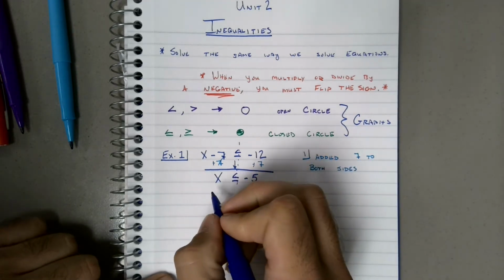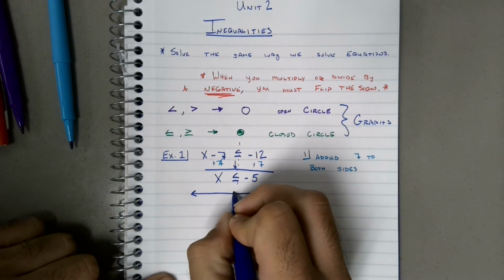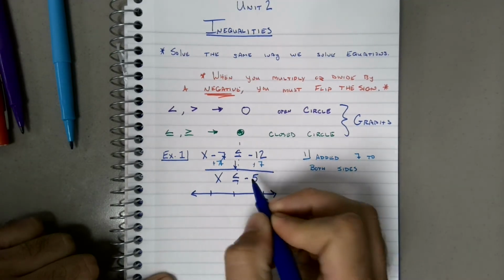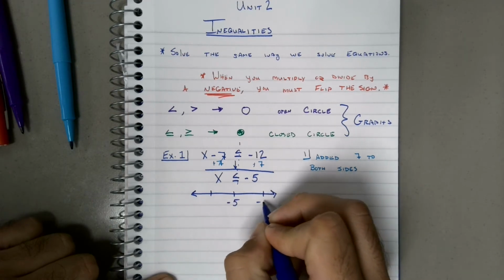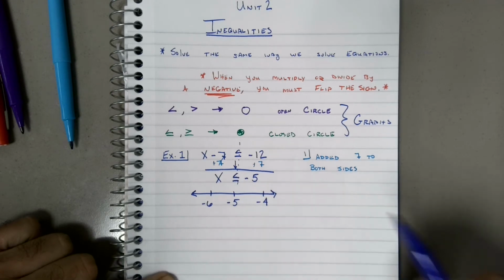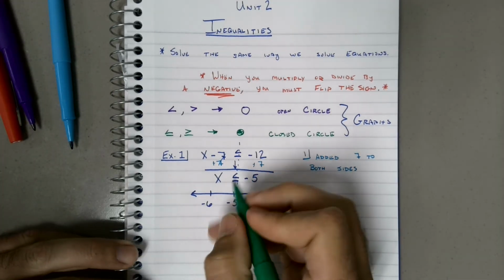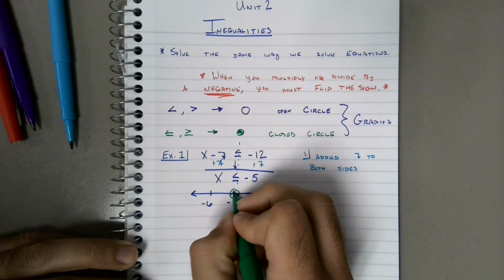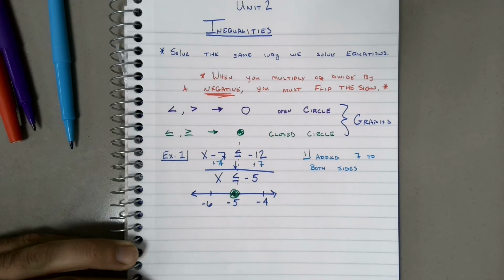When I graph, I make 3 lines, 1, 2, 3. I put my solution in the middle, negative 5, and you go 1 to the right, 1 to the left. Is this open or closed? This will be closed because of my line. So I have a closed, and remember we talked about the alligator eats the biggest number.